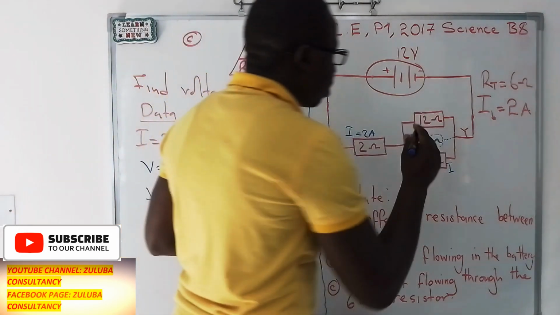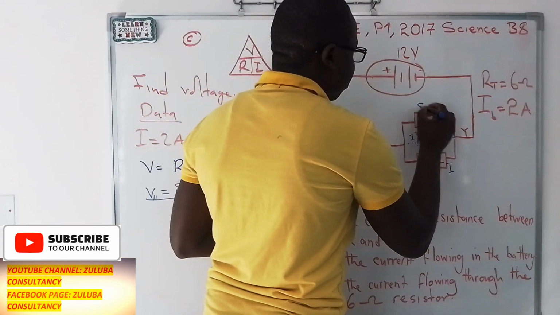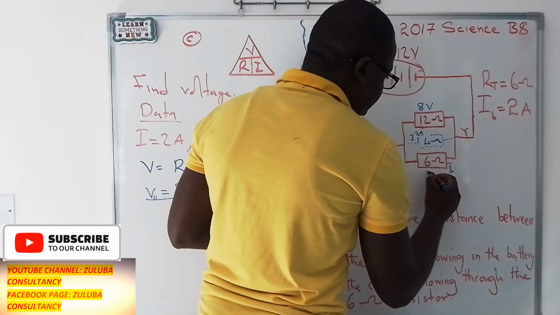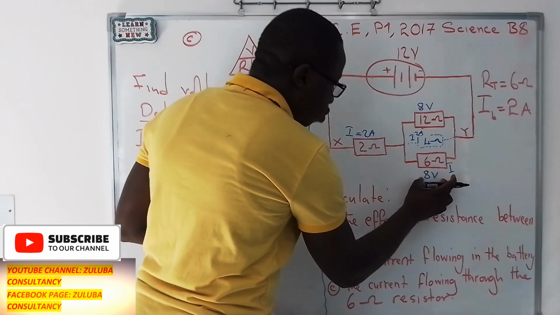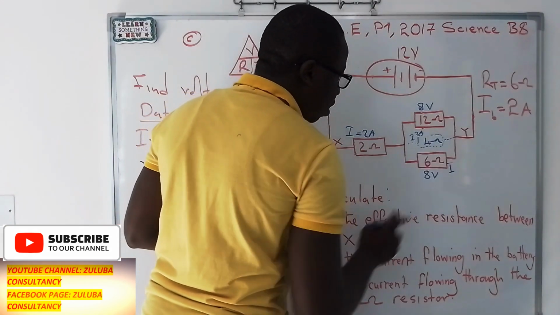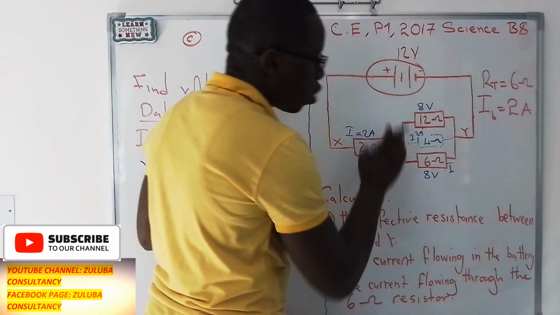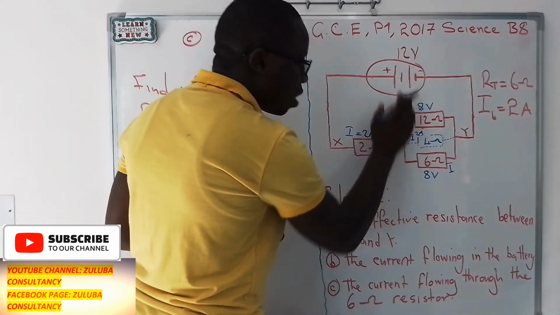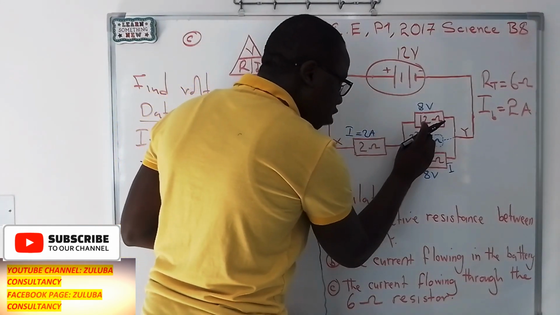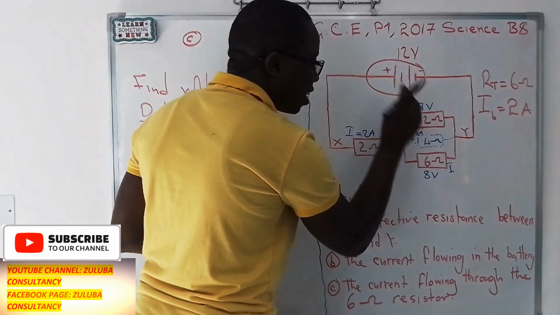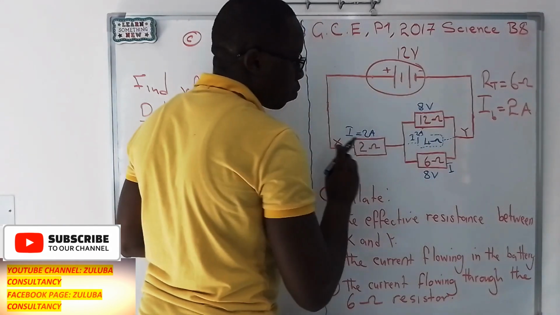This simply means this first resistor has 8 volts and this other one also has 8 volts. So in parallel, the potential difference that is coming at this point is the same.